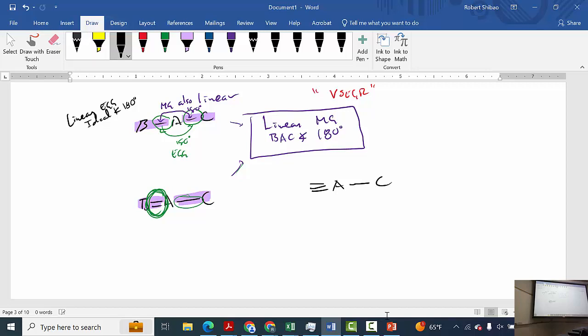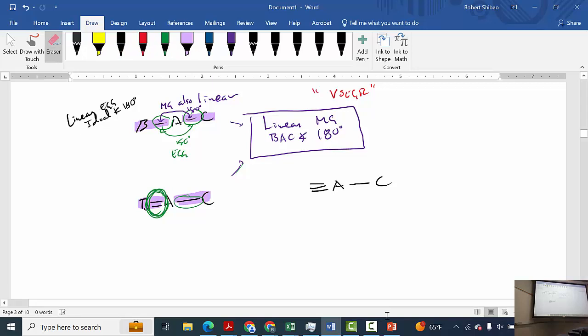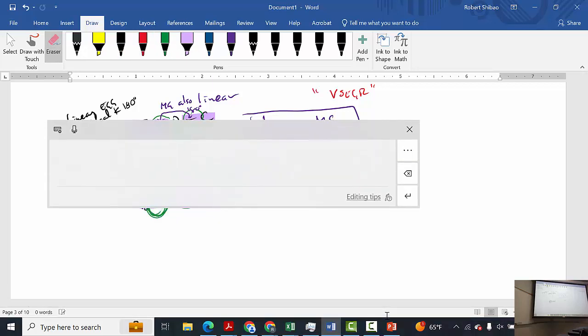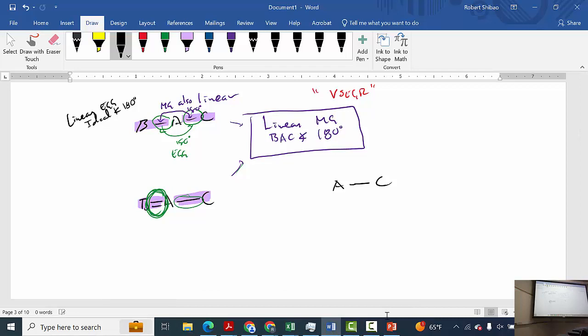What if we have a triple bond? Triple bond will be the shortest.